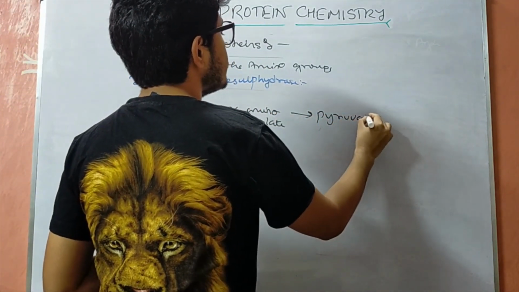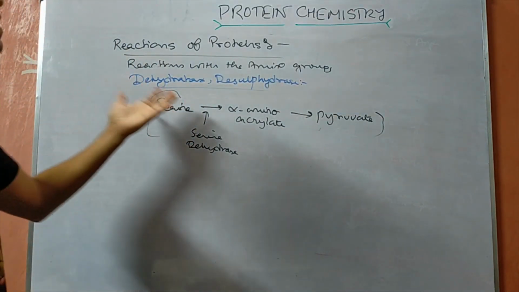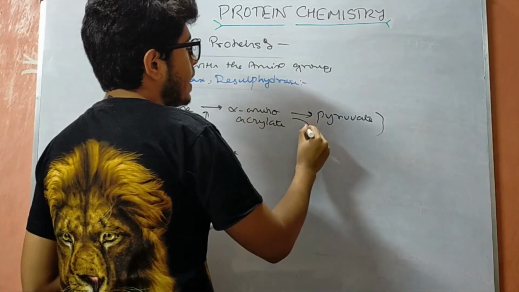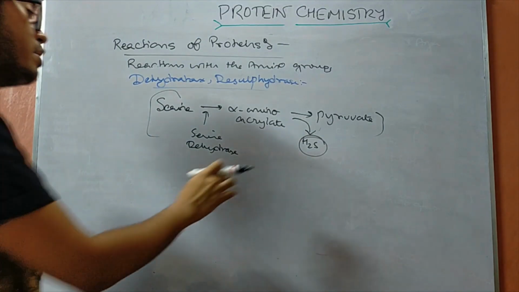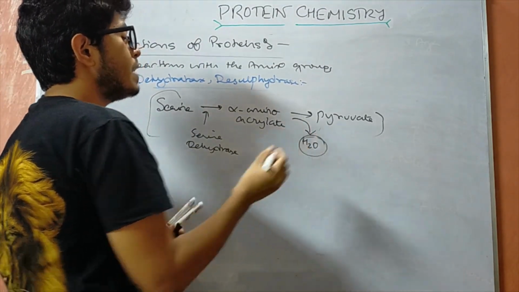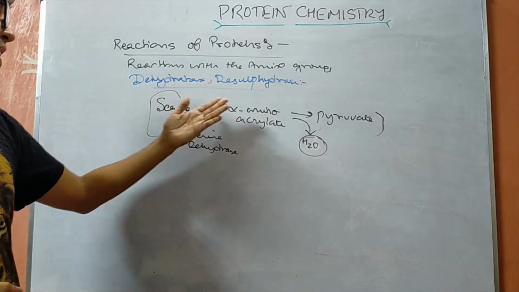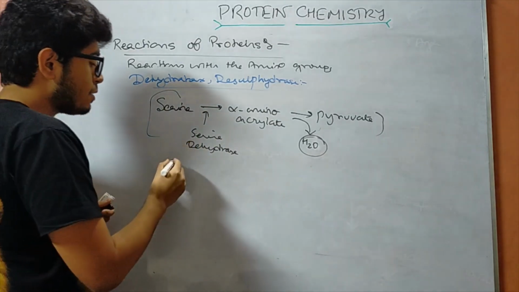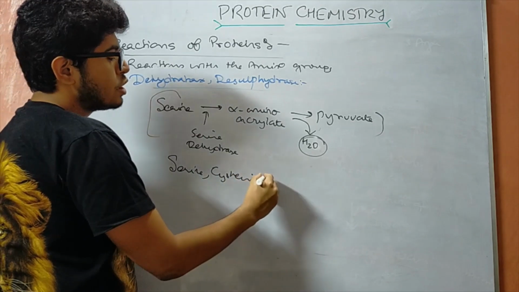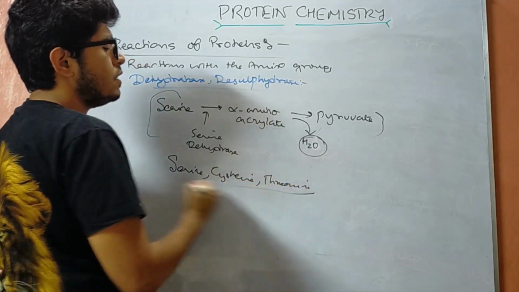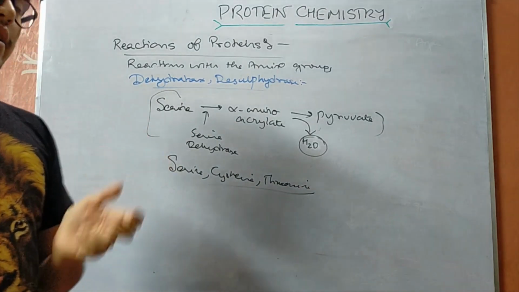This is the reaction we follow for the desulfhydrases, and in this step we finally release one molecule of H2S. Sorry, not H2S, a molecule of H2O is released. So this is what we have for the dehydratases and desulfhydrases. The compounds which can undergo this reaction are serine, cysteine, and also threonine. All amino acids cannot undergo these dehydratase and desulfhydrase reactions.